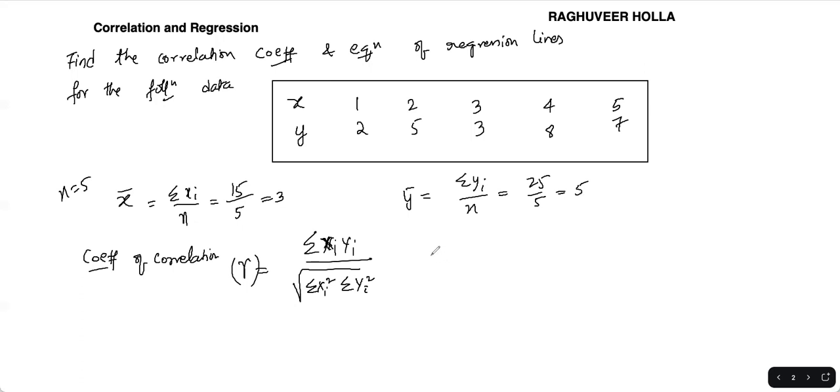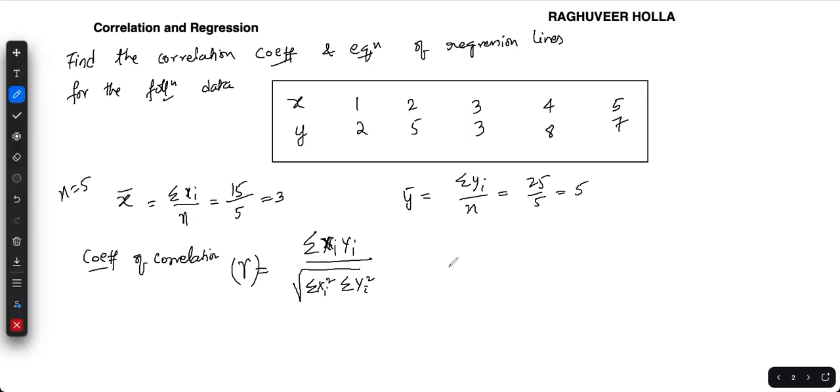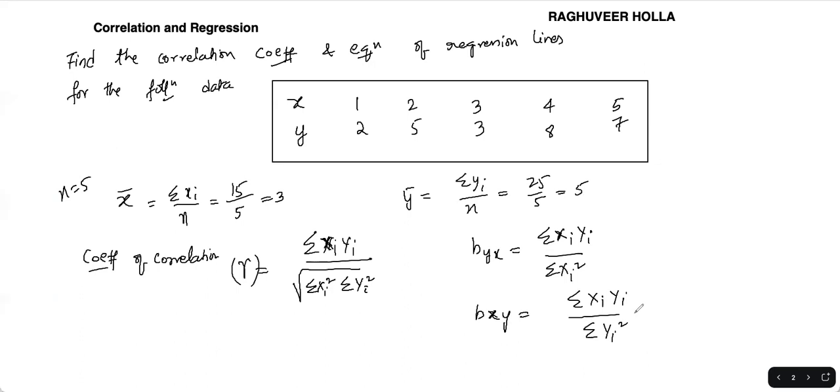And b y on x is summation xi yi by summation xi square, and b x on y is summation xi yi by summation yi square. Okay, so let us solve this.